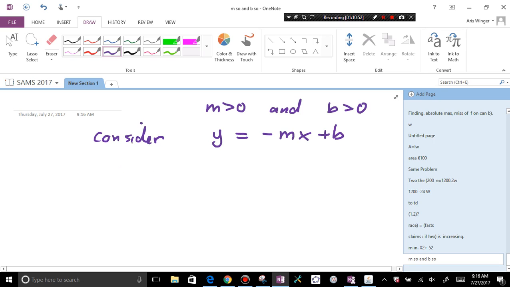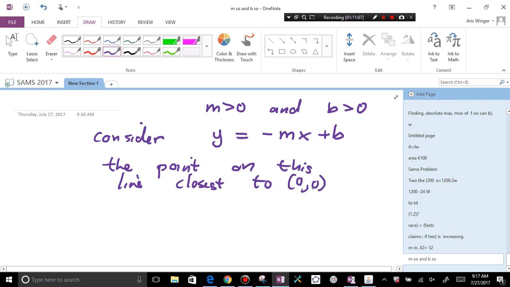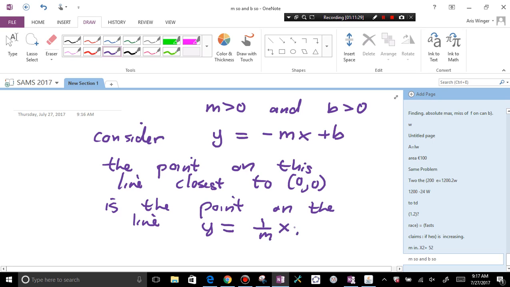So the question is that the point on this line closest to the origin is the point on the line y equals what? Negative 1 over m x? I already have the negative. 1 over mx. Yeah.